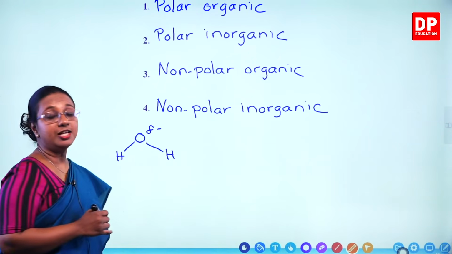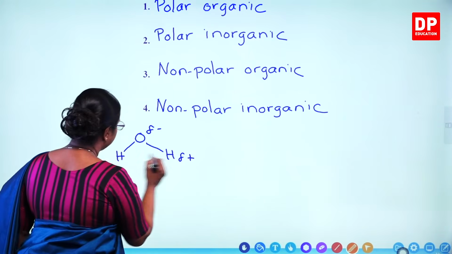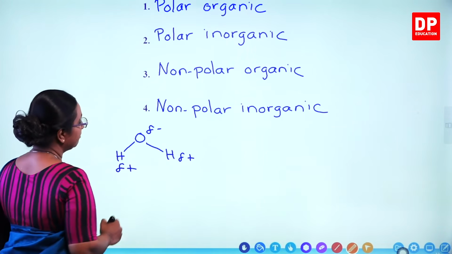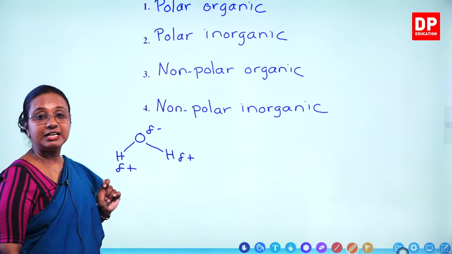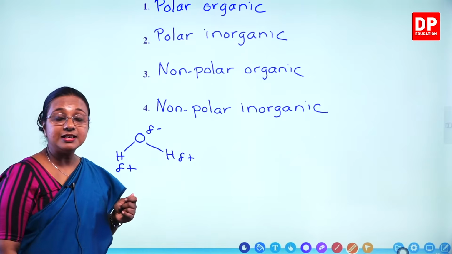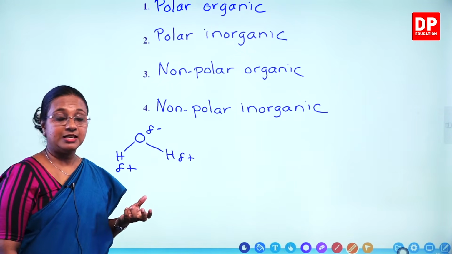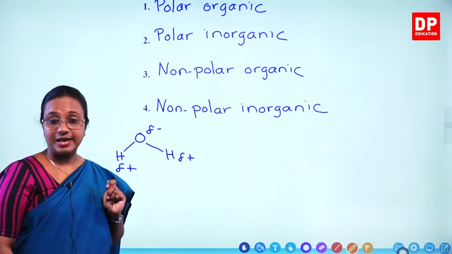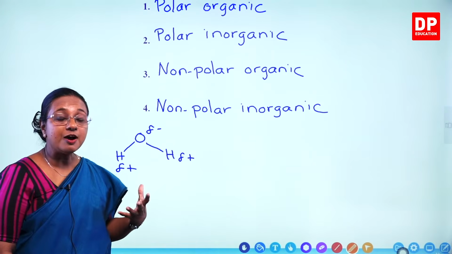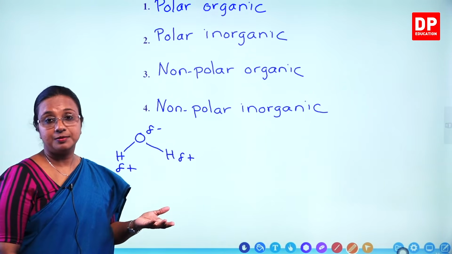A partial negative charge, and the hydrogens have a partial positive charge. So when there are partial positive and negative charges, what does the molecule have? A polarity. Here this O-H bond is a polar covalent bond, and therefore the compound becomes a polar compound.